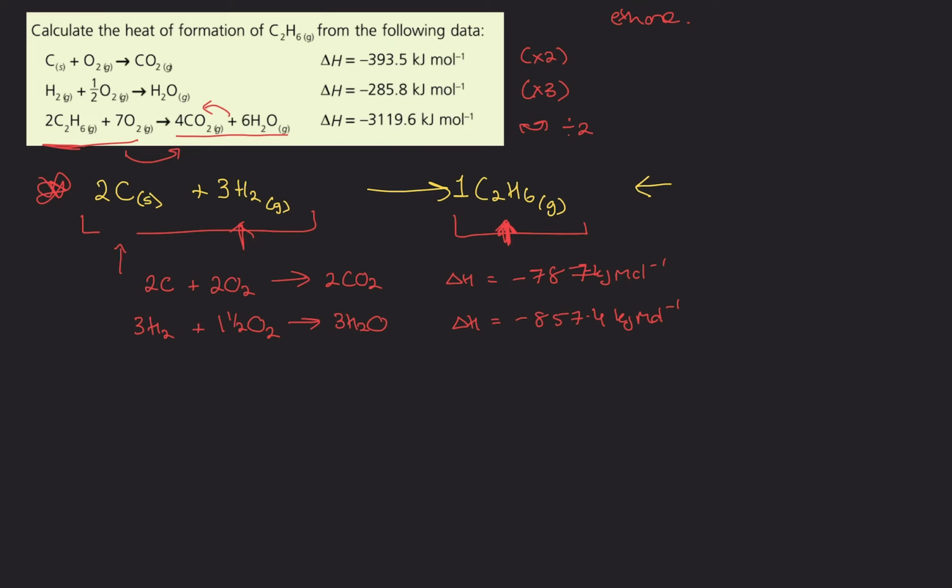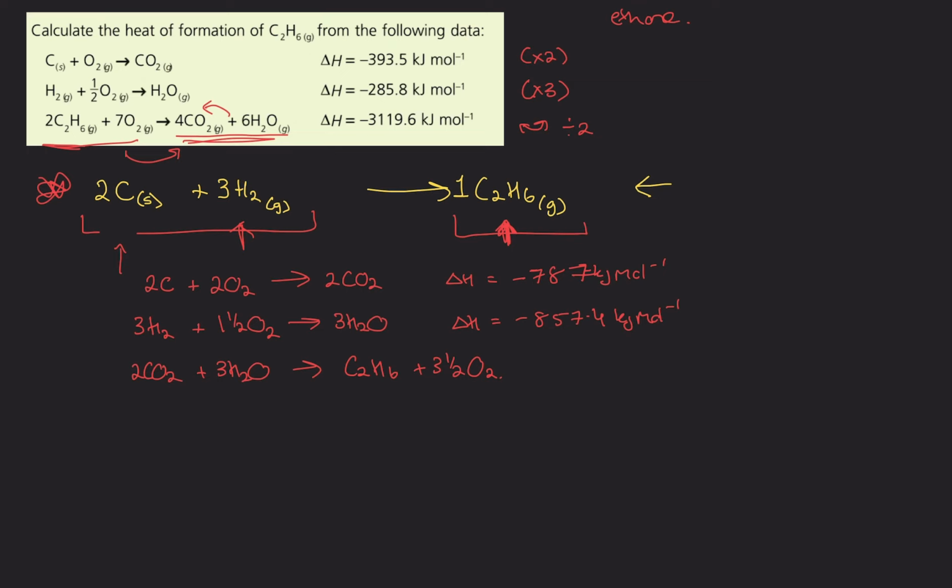So instead of getting 4 carbon dioxides, I'll have 2 carbon dioxides, 3 waters. So I've moved those products over to the reactant side. I'll have 1 mole of ethane and 3.5 of oxygen. Okay, so if that step was a bit too fast for you, reverse back and look at it again. All I've done is divided everything by 2 and flipped my products to the reactant side and vice versa.